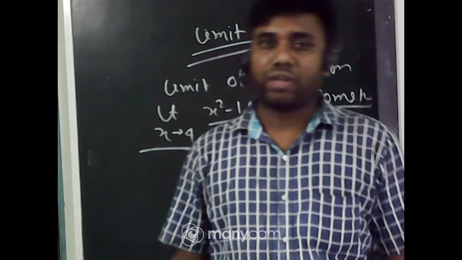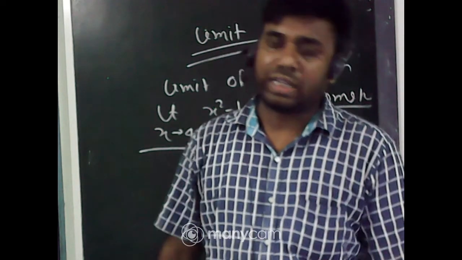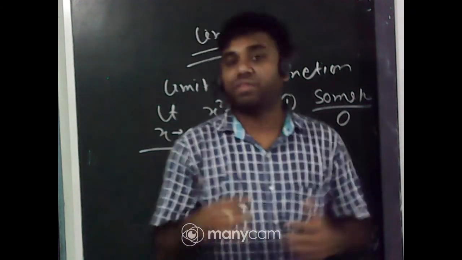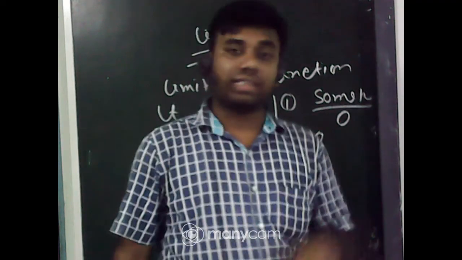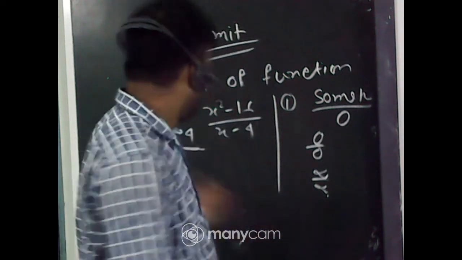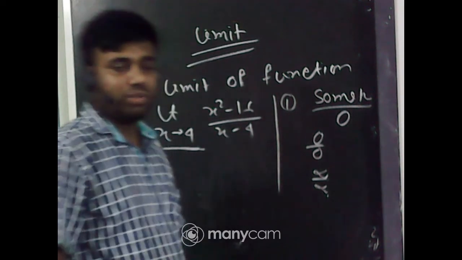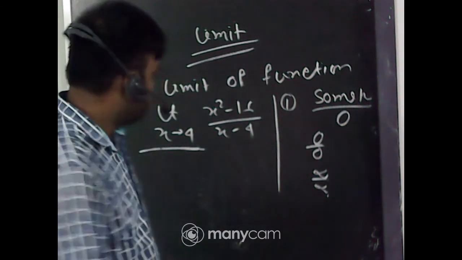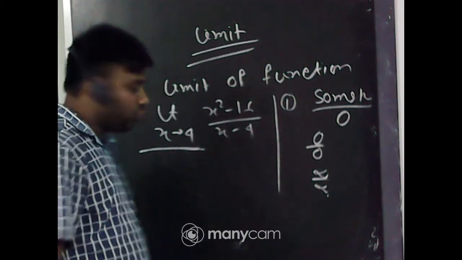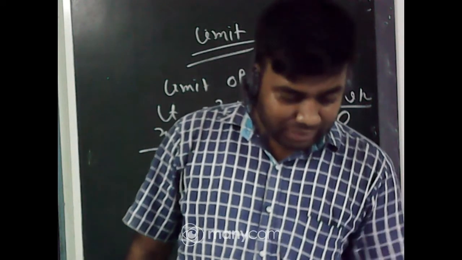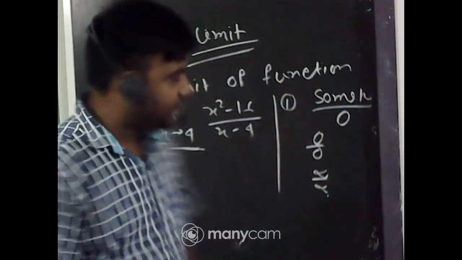If by putting x equal to 4 directly we get the indeterminate form, then we should avoid it.